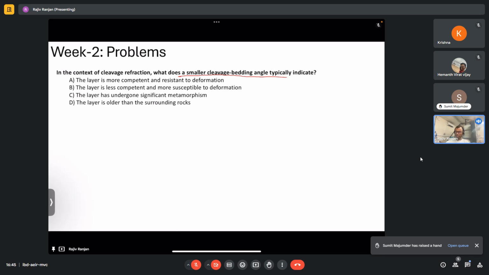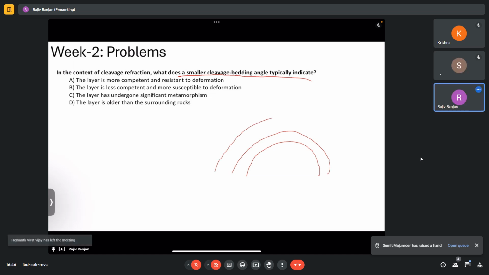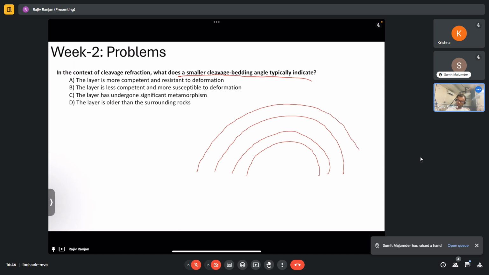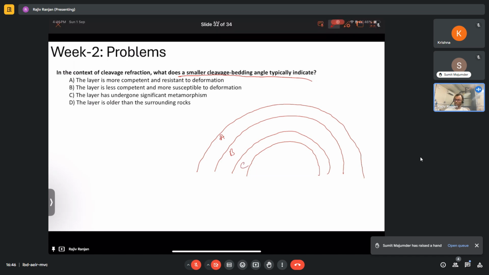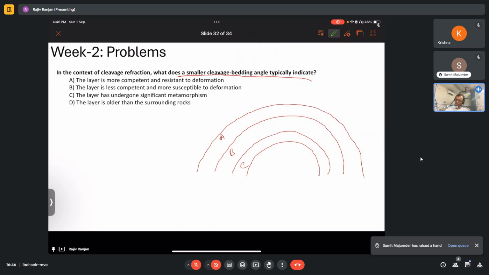Remember this bedding cleavage bedding angle. So if you remember, so this is three layers: A, B, C. Now they are not all the same.